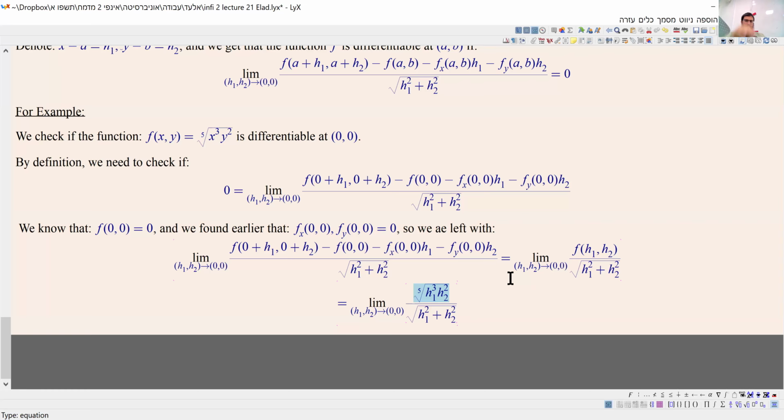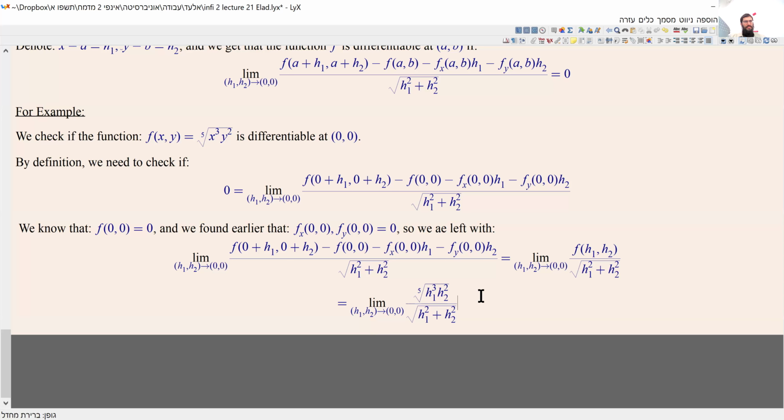Here we have h cubed multiplied by h squared, which is h to the power of 5, with a root of order 5. So, intuitively speaking, the degree of the numerator is 1. On the other hand, in the denominator, we have something of degree 2, but inside the square root, which is again, intuitively, of degree 1. And when the degree of the numerator is not greater than the degree of the denominator, we know that the limit should not exist.